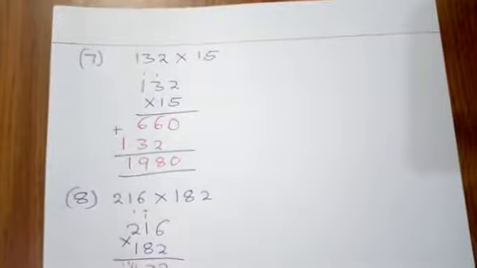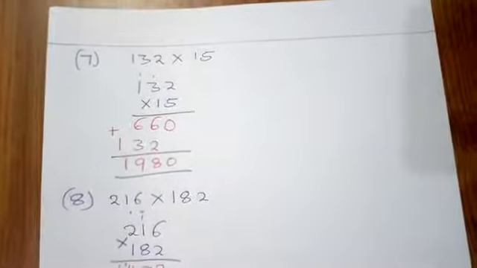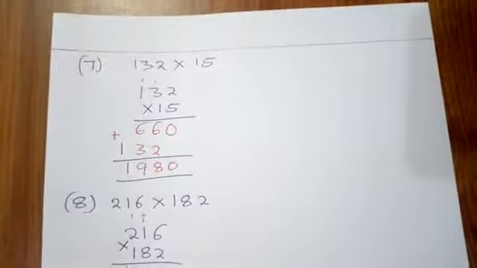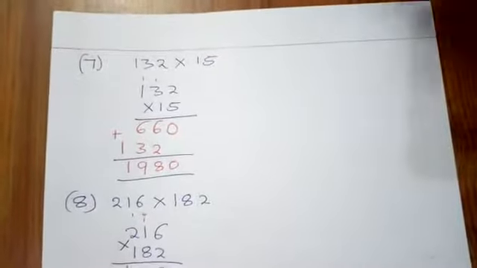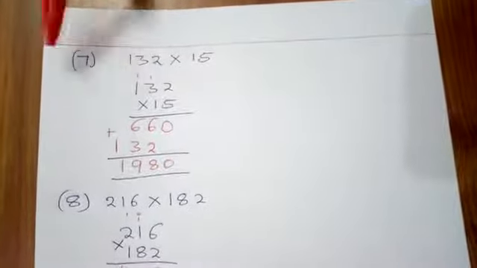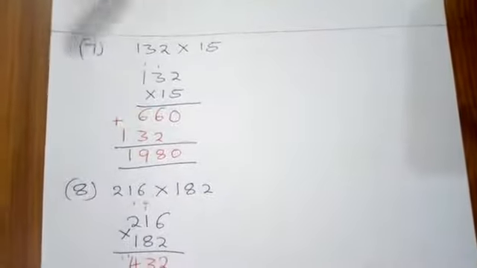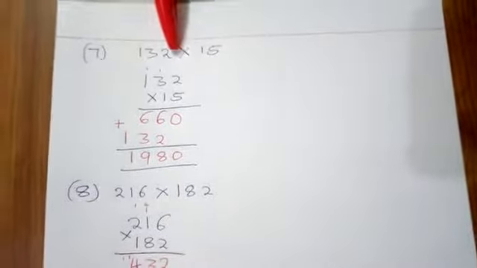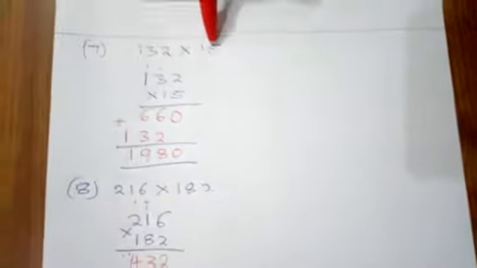Our next example is 132 multiplied by 15. So you can see we have worked with single digit, 2 digits. Now we have moved to 3 digits multiplied by 2 digits.